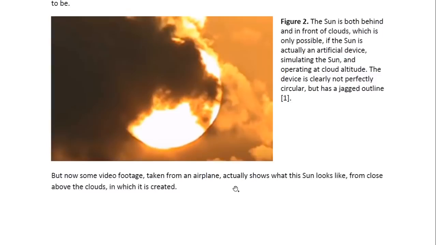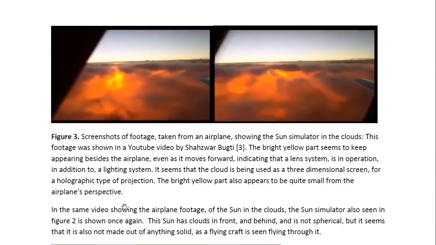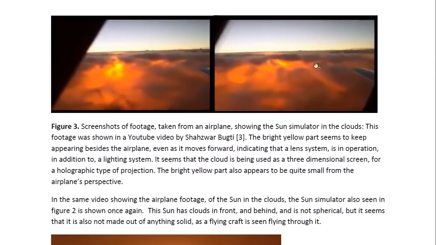Now there's also some video footage taken from an airplane which shows what this particular sun looks like from close up above the clouds in which it is created. And here are some screenshots of video footage taken of these clouds in which this sun simulator is being created. And this is shown in a YouTube video by Shazwar Bhakti.